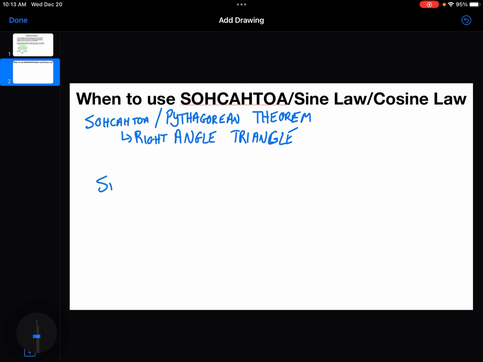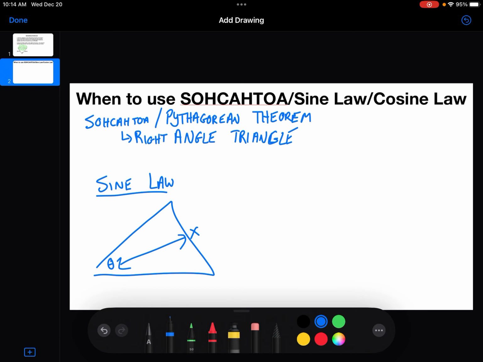So sine law is when we have a complete ratio. So we have theta and x. So if those two are given, and then we're given any other piece of information, we could be given another side, we could be given another angle.